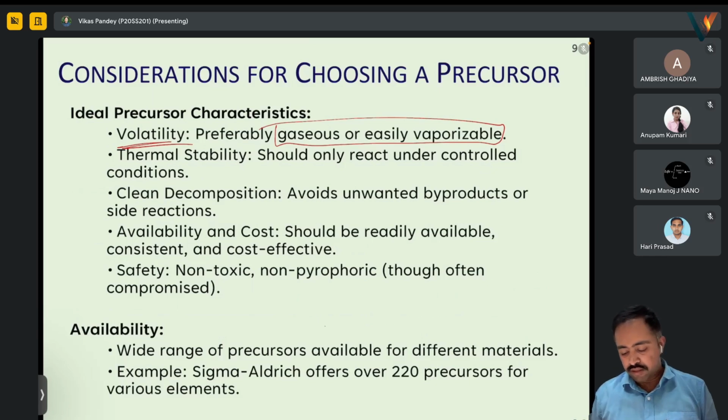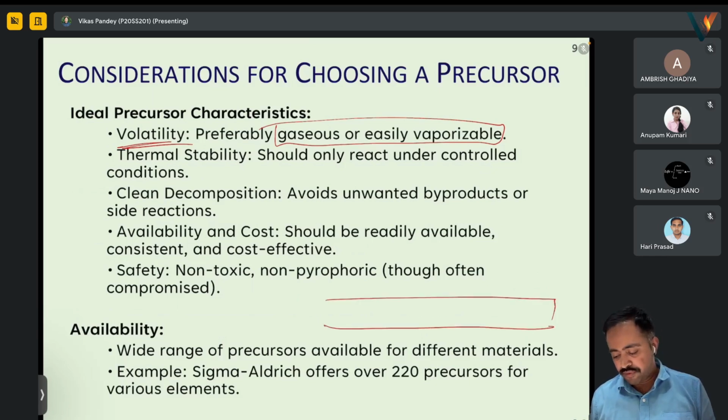Suppose that we have a quartz tube, and the reaction will take place in the central area. We are putting our wafer on susceptors, and here we are putting our precursor. The reaction is supposed to take place at, say, 850 degrees Celsius.